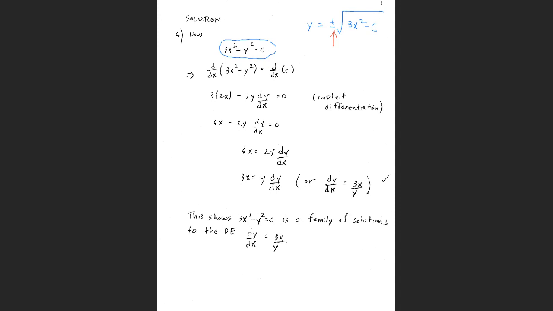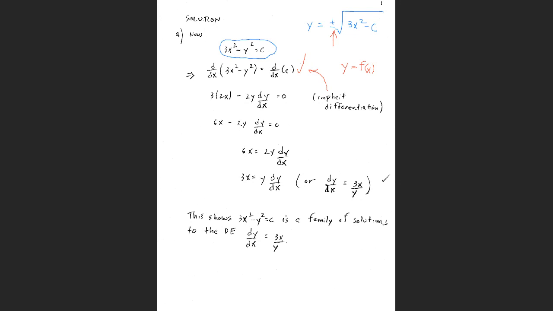So with implicit differentiation, we take the derivative of the left side of the equation with respect to x and the right side of the equation with respect to x. But we keep in mind that y is some function of x.